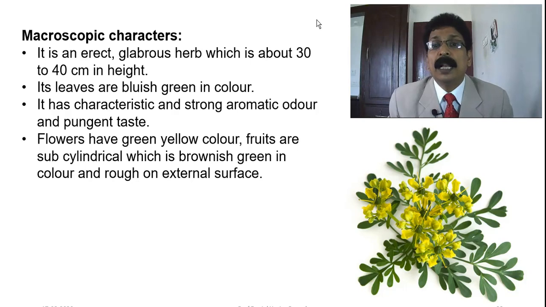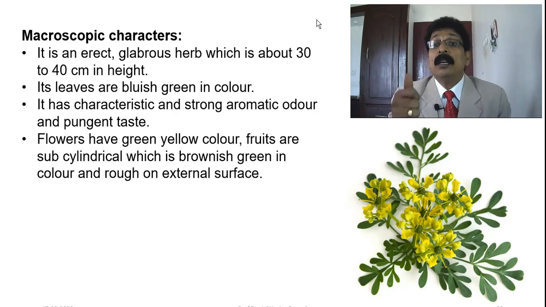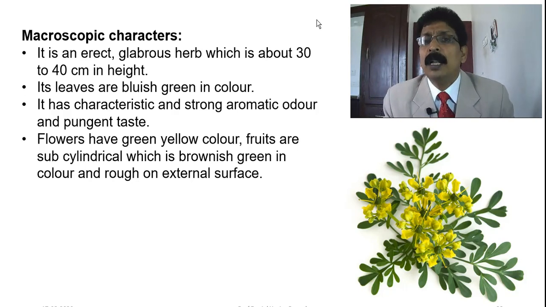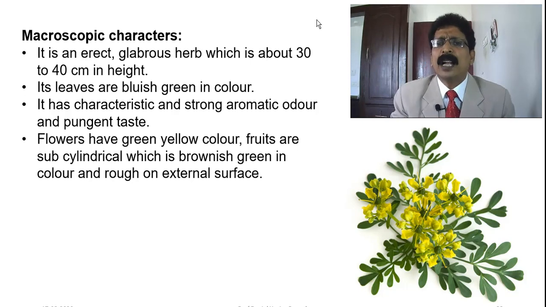You can identify this plant, and there is also some software available on Android mobile. There is some software you can download, and when you take a photograph it will give the botanical name, whether it is right or wrong. You can identify it yourself by means of your Android telephone.